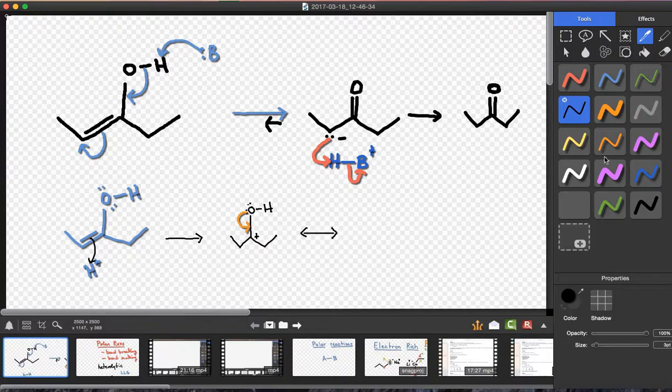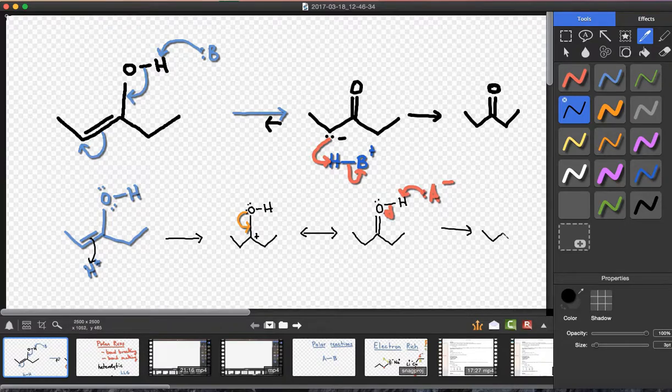This isn't a mechanistic step. And of course, my proton source is going to have a conjugate base. So let's just say that conjugate base is A minus. And this completes the process with another proton transfer.